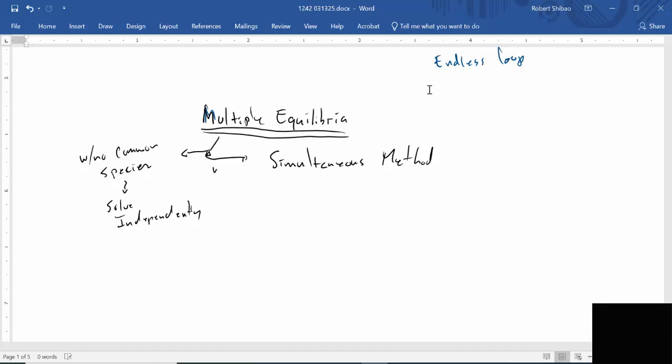However, if there is a common species, we can't do that. With a common species, we have to solve the multiple equilibria simultaneously, such that the common species will have the same concentration at the end, or equilibrium, for both.